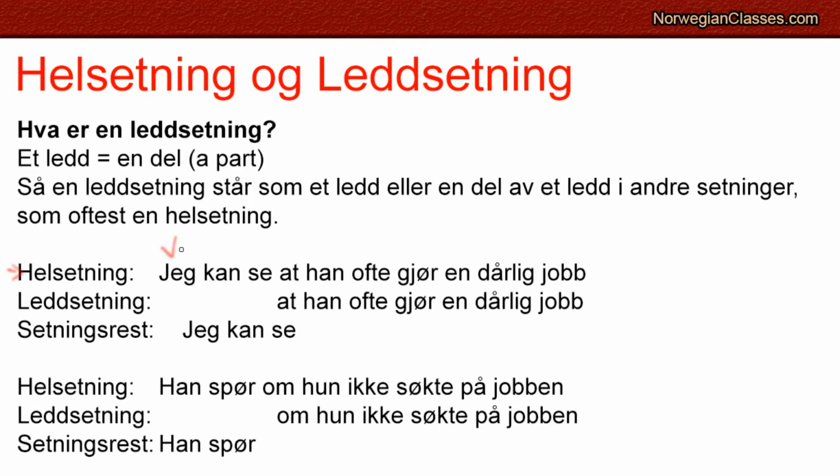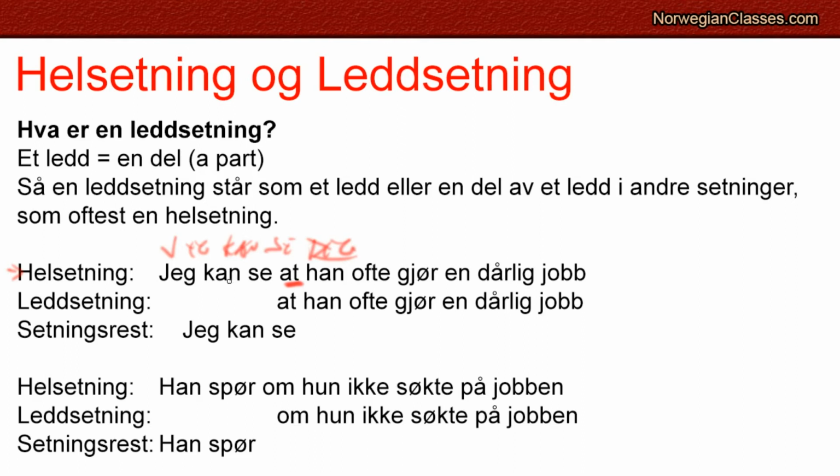For instance, you could of course say, jeg kan se deg. Then this would just be a complete phrase, but instead of deg, here we have at han ofte gjør en dårlig jobb. At is typical for a subordinate clause.